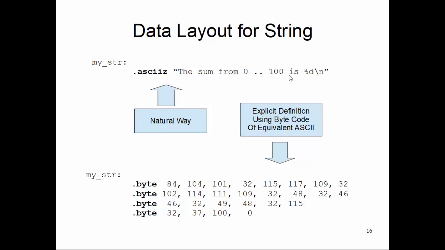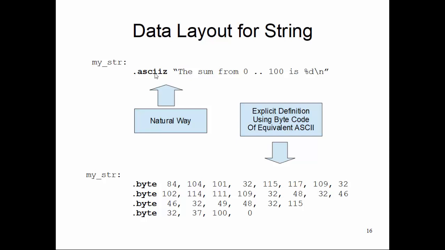Now come back to our original point. We have two ways. Definitely .byte is the more fundamental way of defining a string, because we are dealing directly with the ASCII code, laying down letter by letter. But this is a lot of trouble for whoever is writing the program. For every string, you first need to look at the ASCII table, determine the byte code, and then put it there. That slows down writing a program.